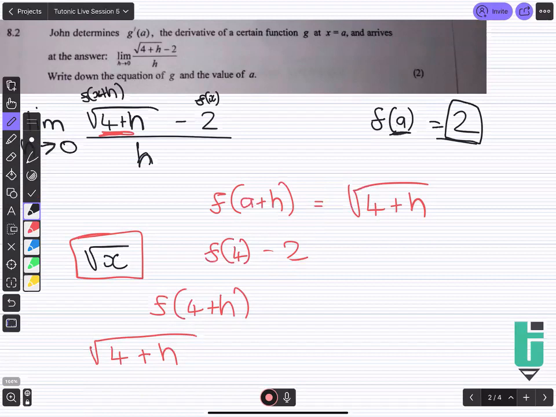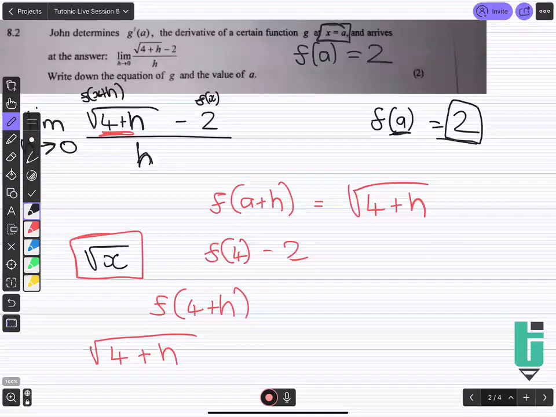Therefore, f of x must equal 2. Okay, I see. But they are subbing in a for x. Do you see that? Oh, okay. Yes, sure.